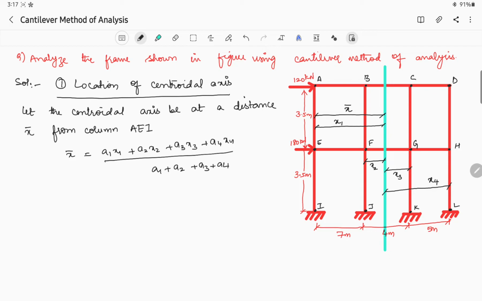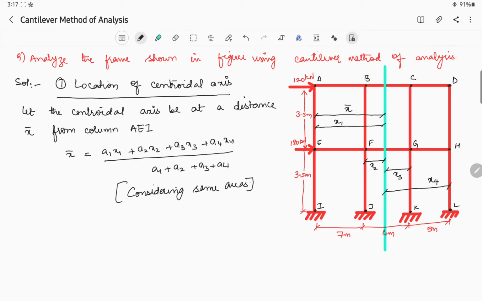And since here we do not have any areas given to us in the question, we'll consider same cross sectional areas, same areas let us take.